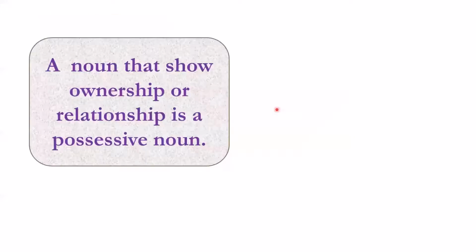Clear? Now, a noun that shows ownership or relationship is a possessive noun. A noun which tells us that someone is the owner of a particular object or thing, or shows the relation or connection between two persons, such nouns are known as possessive nouns. Clear?